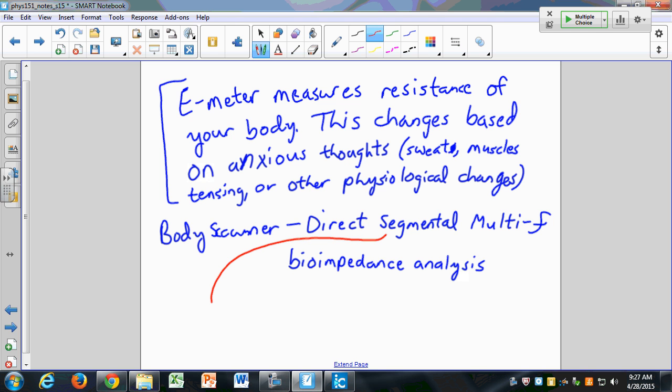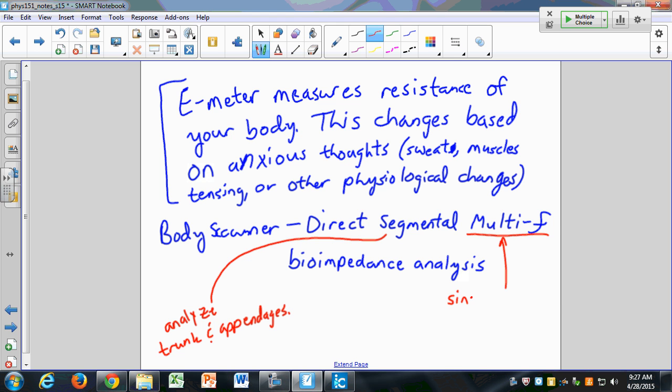Segmental just means that it can analyze the separate parts of your body, the segments of your body, the trunk of your body, and the appendages, legs and arms. So it can analyze those separately, and other body scanners that don't have the multiple frequencies are not able to do that. So that segmental comes about because it's multi-frequency. All right.